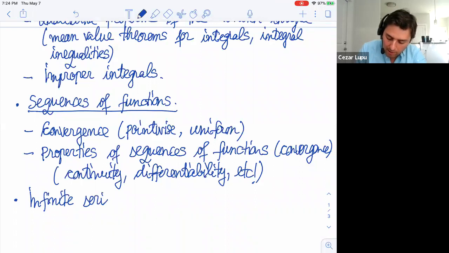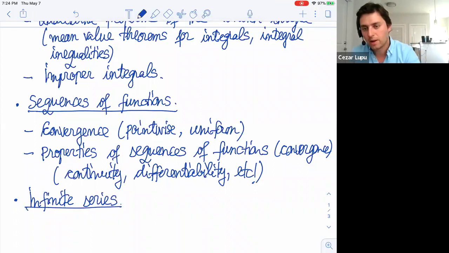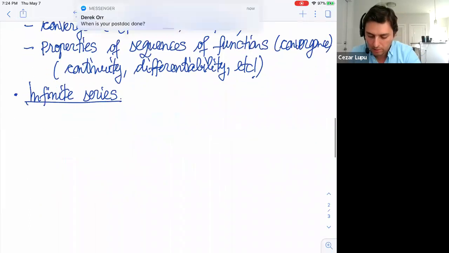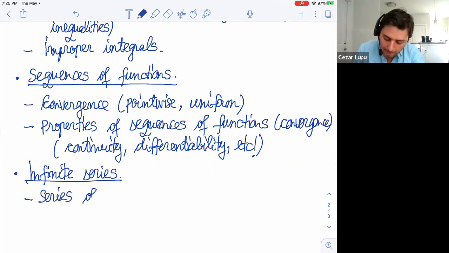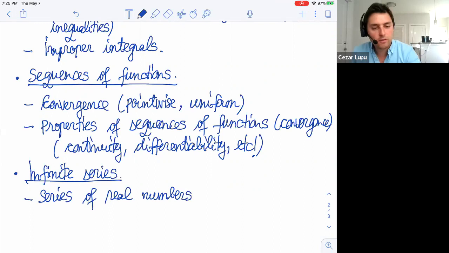Here, regarding infinite series, although I kind of disagree with the book here, we talked about two things. First, we talked about infinite series of real numbers, and here we talked about convergence.